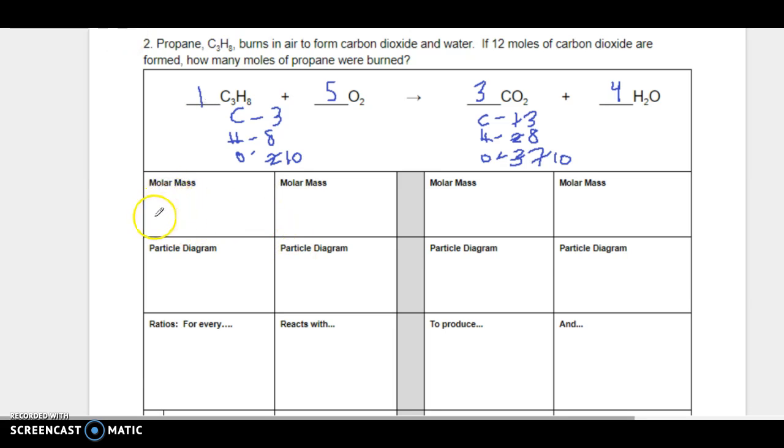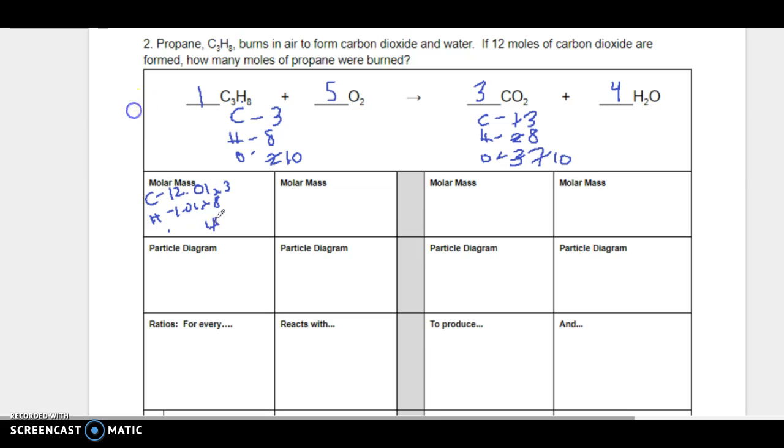Okay, all right, the molar mass of C3H8. Okay, so again, remember the coefficients don't matter. C is 12.01 and H is 1.01 times 8 and times 3. Okay, so that's going to give me, and again, this step we will need next. We don't need it yet, but I want you to practice it because we're going to need it soon. Plus 8.08.